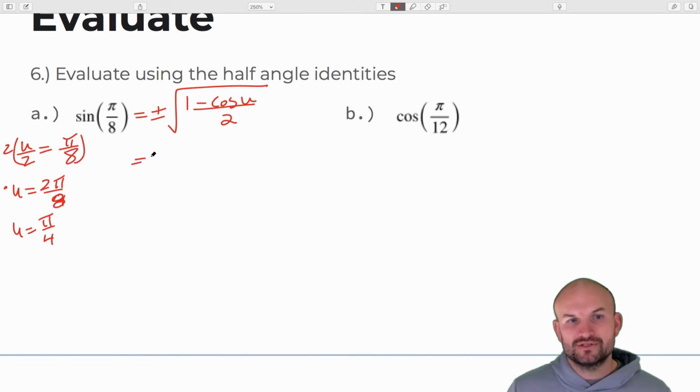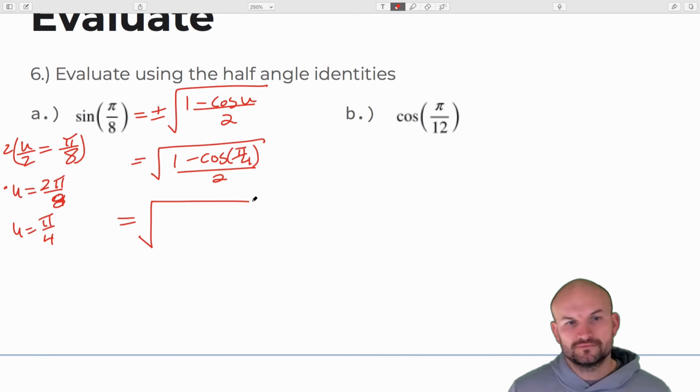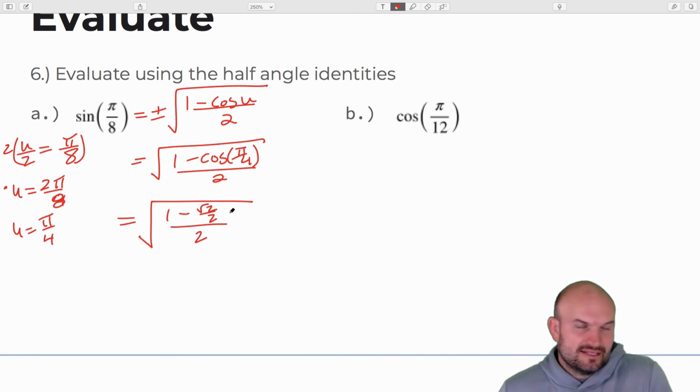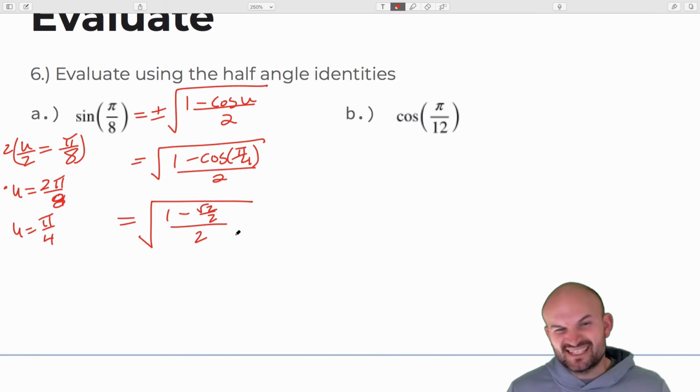So now all we're going to do is just simplify here. So that's the positive square root of 1 minus the cosine of pi over 4, divided by 2. All right, well, the cosine of pi over 4 is going to be square root of 2 over 2, divided by 2. Now, typically, we can simplify this a little bit more.